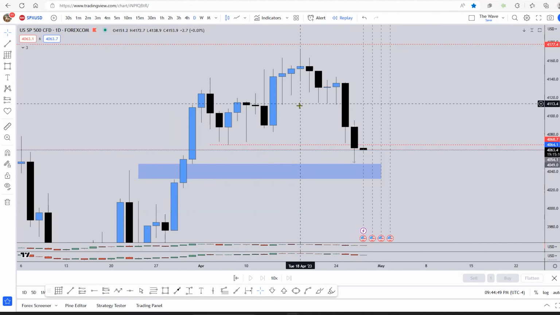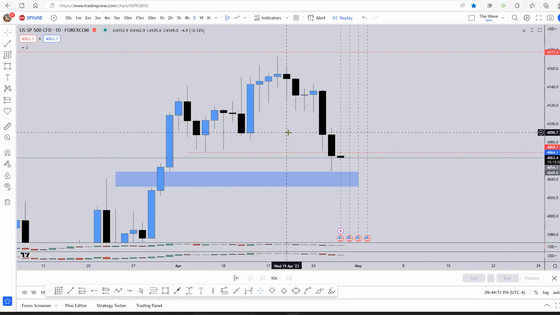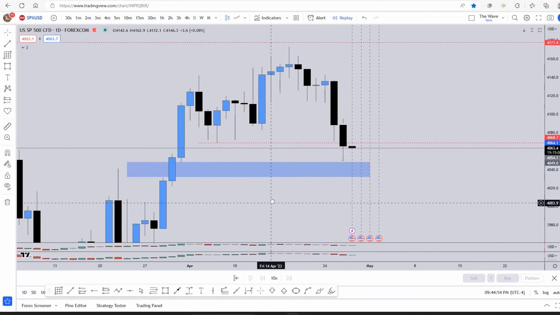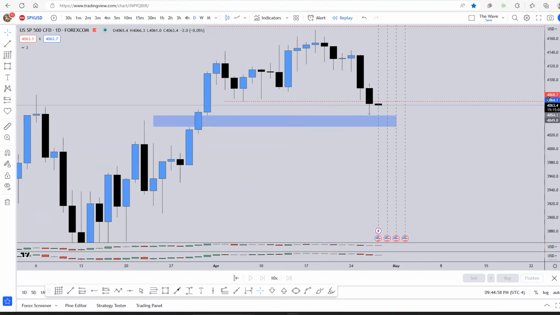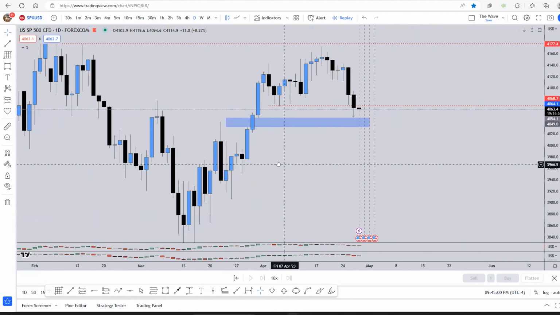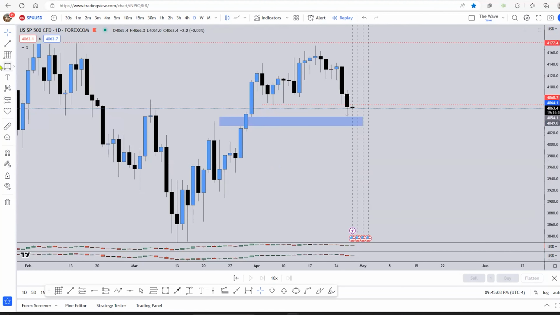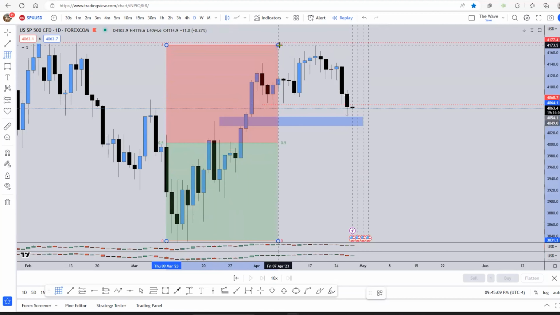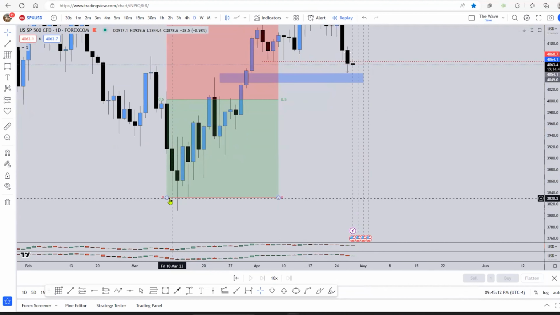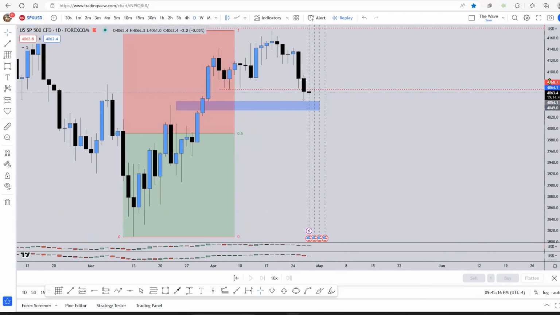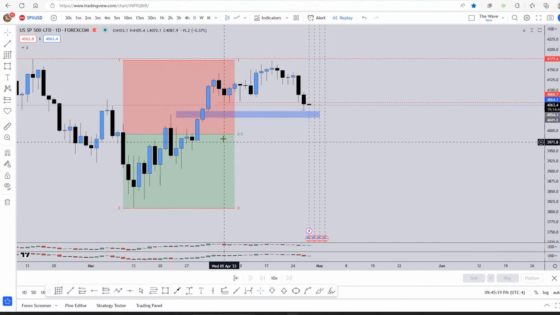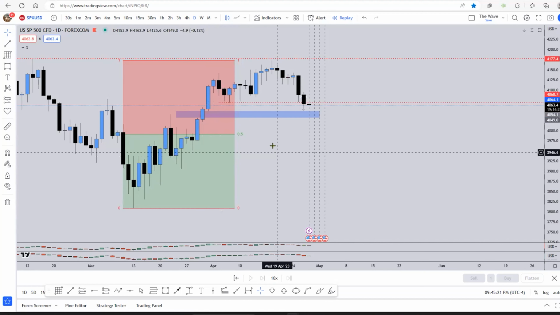If we look at the daily, how do you get your daily bias? Well, if we look at the most recent price push and swing, the major swing is this big bullish run. If we take a PD array box and run it from the low to the high, we know that anything above 50% is in a premium, and under 50% is in a discount.